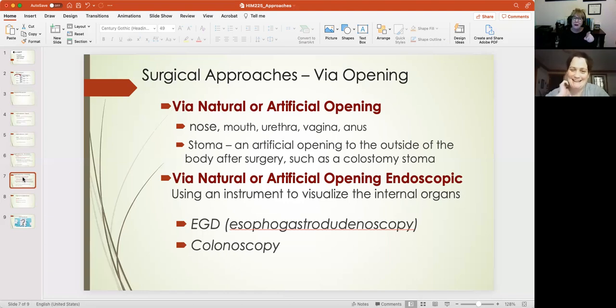Pick it apart and know what it means, right? So that way you can understand, but by law, the physician has to say, okay, we're going to put the endoscope into the patient's mouth and down through the esophagus into the patient's stomach, or maybe it's via the anus and the rectal vault to do a colonoscopy.